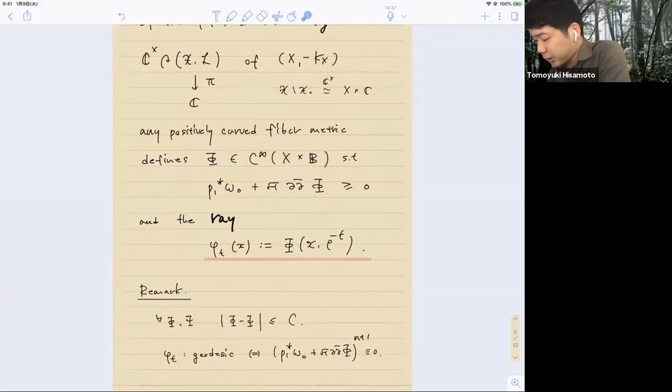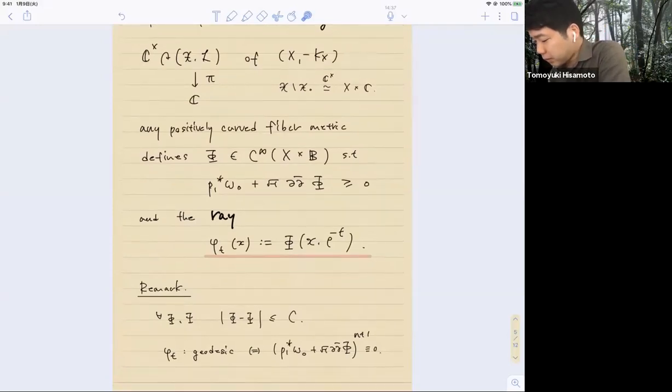And the second remark I would like to give here is that the ray phi_t is a geodesic if and only if the big phi satisfies the degenerate Monge-Ampère equation.